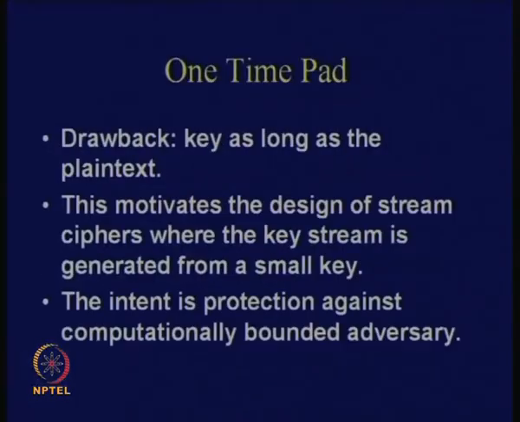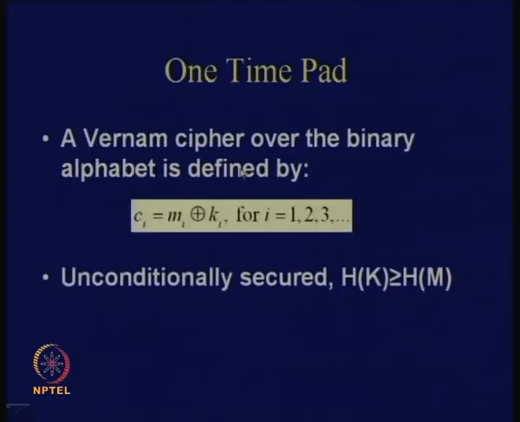So, therefore, the intent is protection against a computationally bounded adversary. In all the studies that we do about stream ciphers, we will try to produce this key stream Ki. If you see the one time pad, we try to produce this Ki, but with a smaller key.